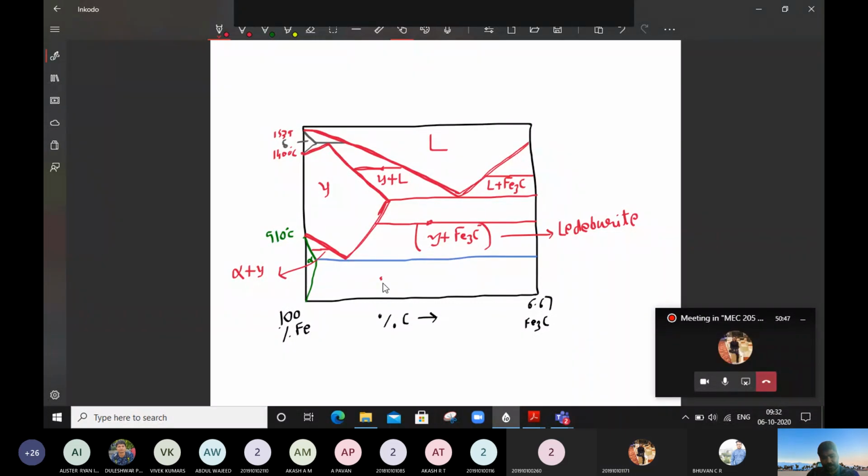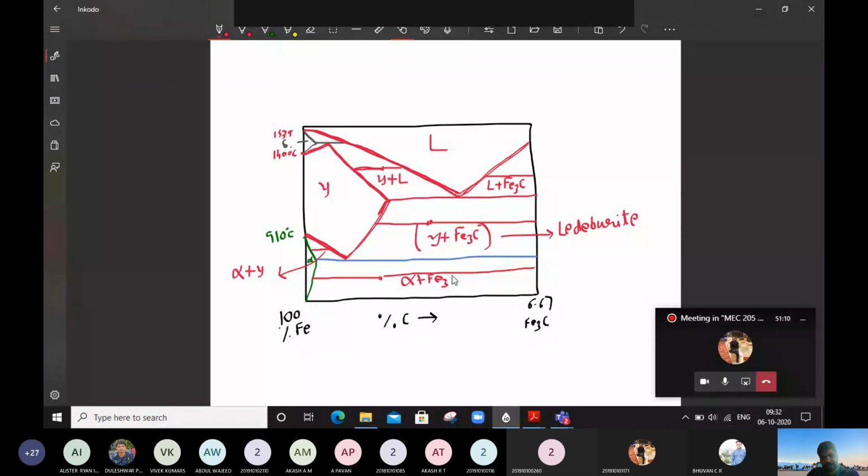Just now I have told you that if I am asking about this point, draw a line like this and see where it strikes. Here it strikes the alpha boundary. So alpha will be there, plus if you draw a line like this, it will strike the Fe3C over here. So alpha plus Fe3C will be here in this particular region.